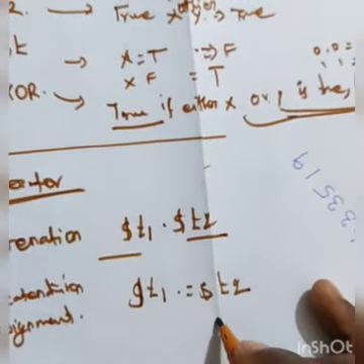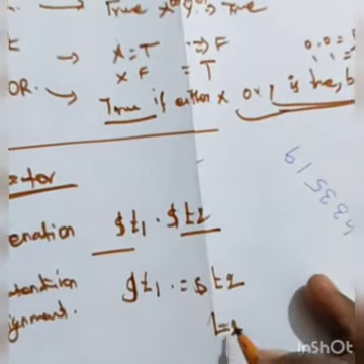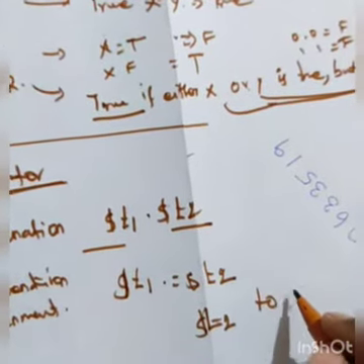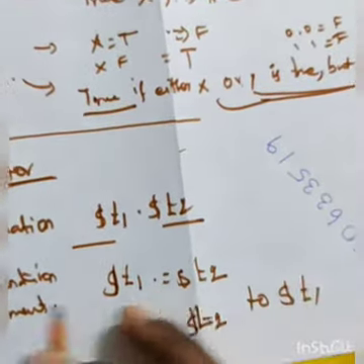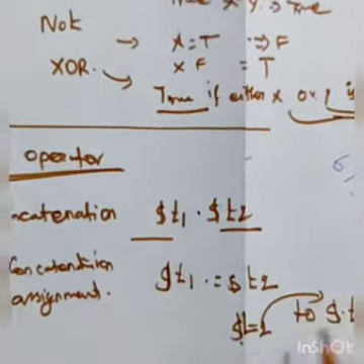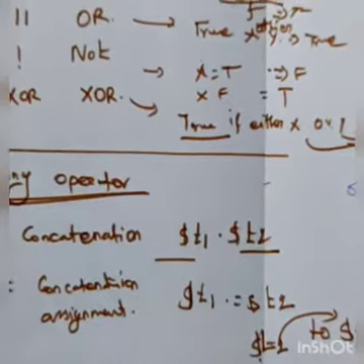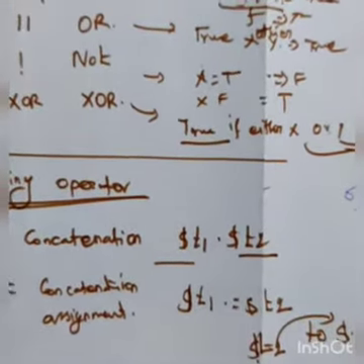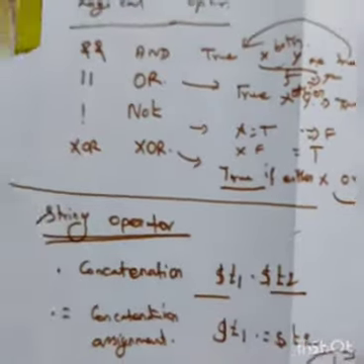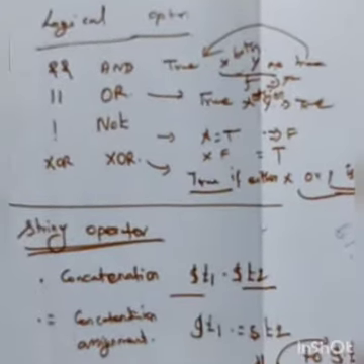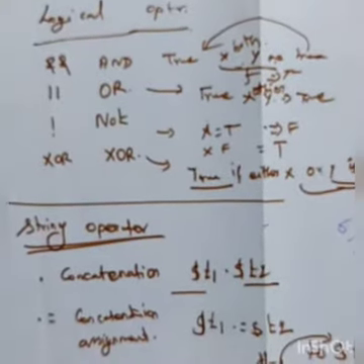That is, T2 is appended to dollar T1. This is T2 to T1. That is append. Append means you can add it. That is added. Okay. So this is the string operators.